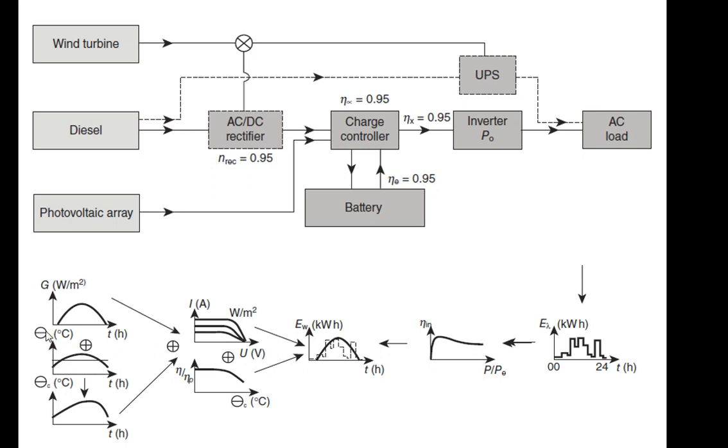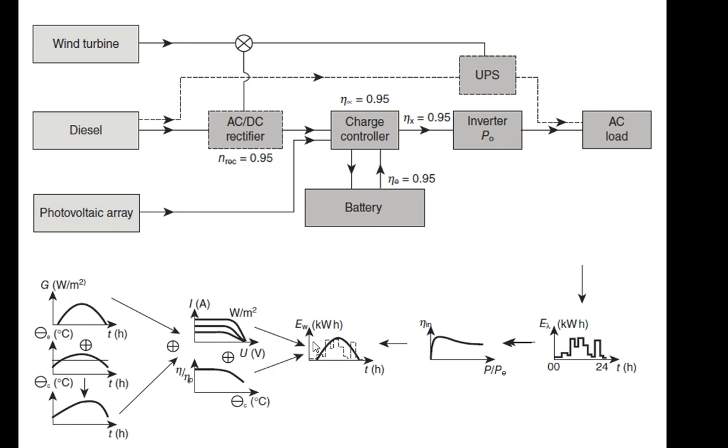Then we have theta, that is the temperature, per degree centigrade, and this is the angle at which this radiation is going to be considered. Similarly, we have the IV curve of the photovoltaic panel, and ultimately the efficiency. Similarly we can have a load curve, an efficiency curve, and we will generate the energy curve for the solar photovoltaic.